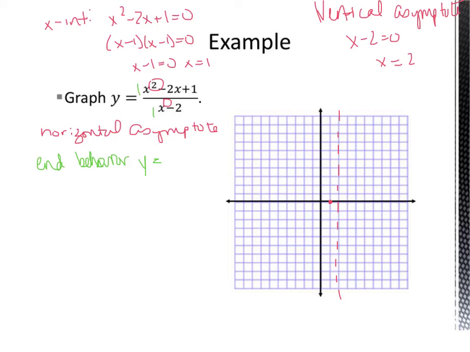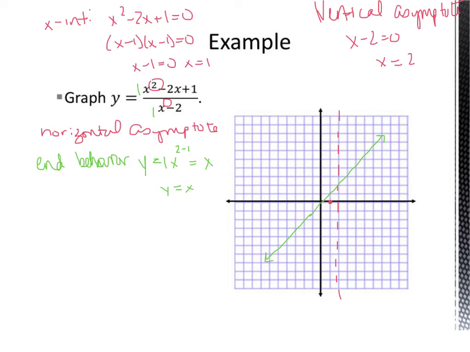Alright. Both 1. X to the m minus n, which is going to be 2 minus 1. So this just really becomes x. So our end behavior is the same as the line y equals x. So I'm just going to kind of sketch this is the line y equals x.